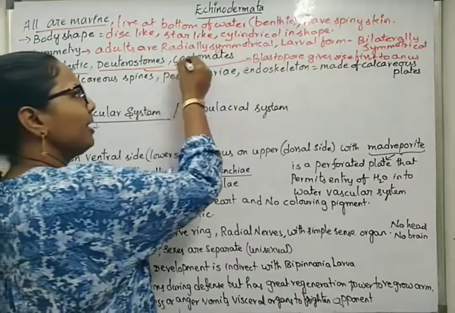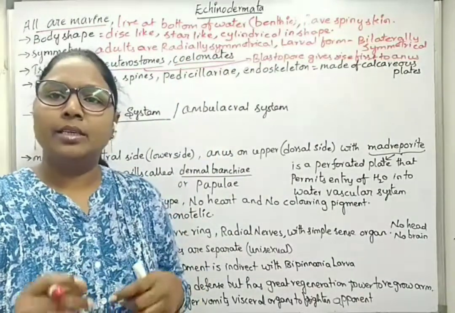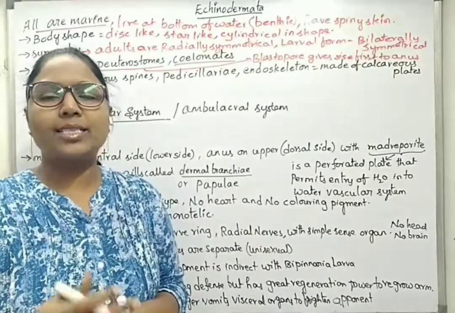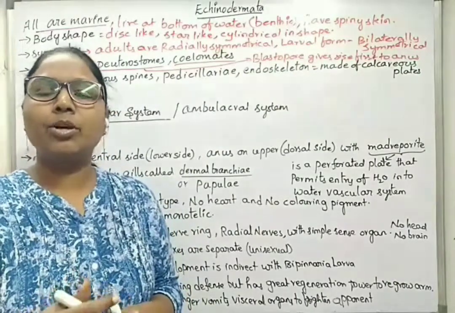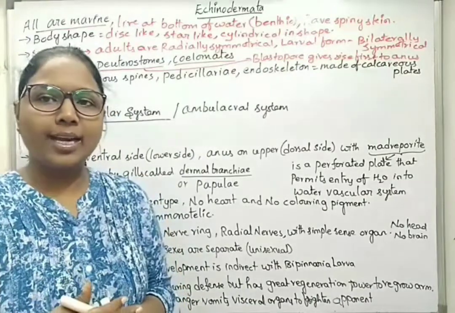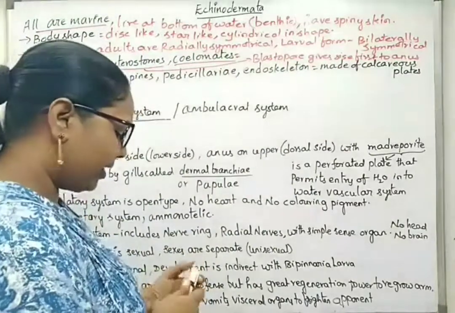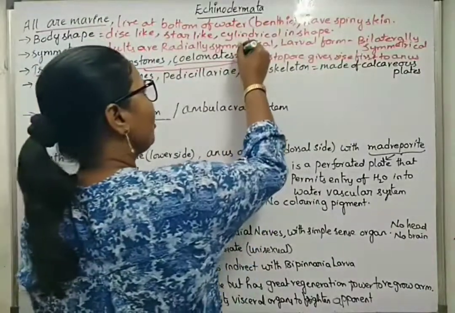Echinoderms are called true coelomates. They are also called enterocoelomates because they show an enteron, nothing but the digestive system or gut-like structure.